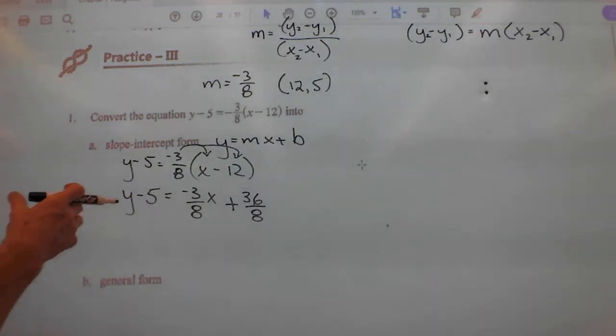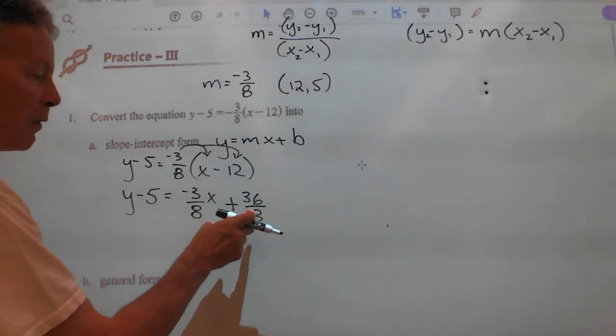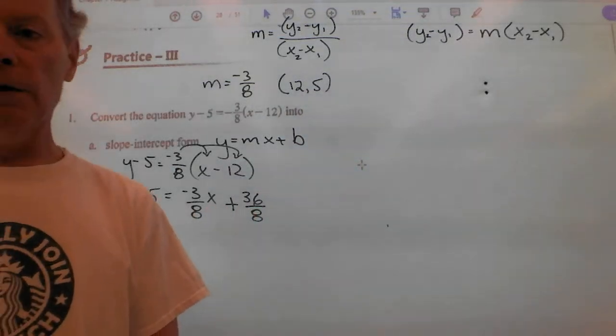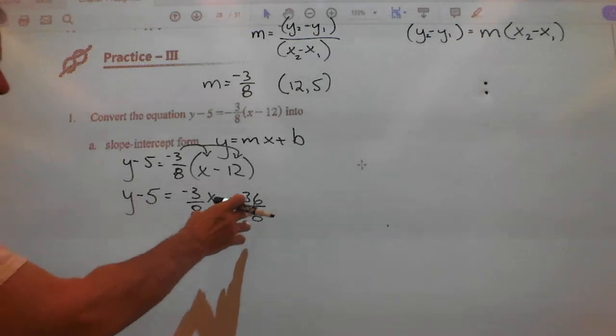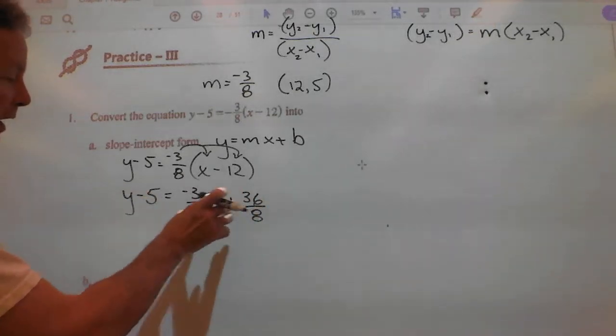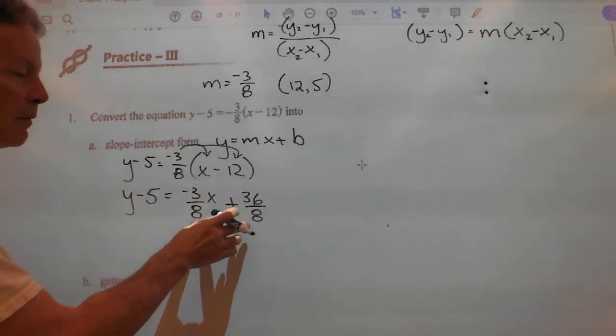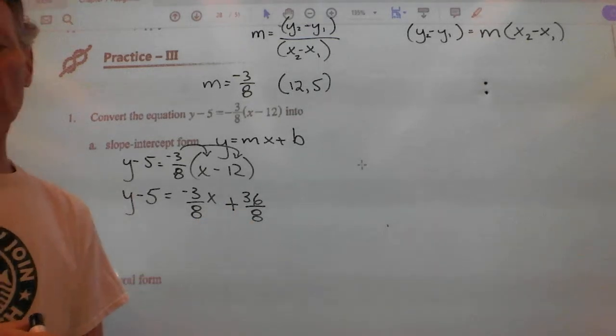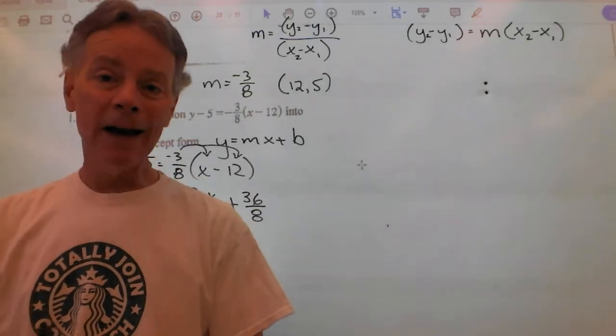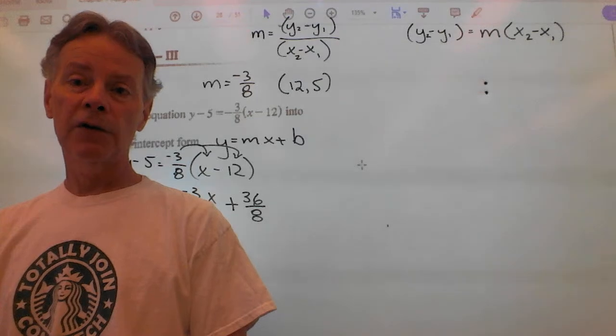Now, at this point, you might want to get rid of these denominators, okay? Because we're going to be starting to isolate y, and it might be easier just to get rid of these denominators before we have to worry about adding and subtracting involving fractions, okay?